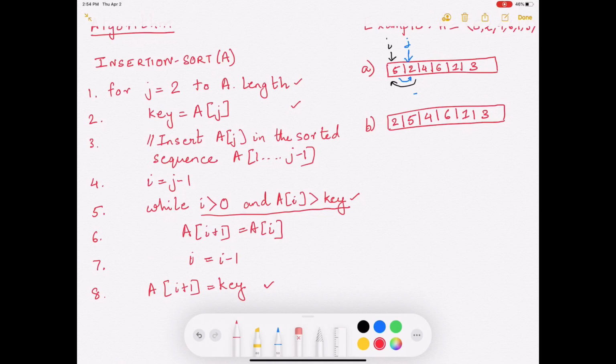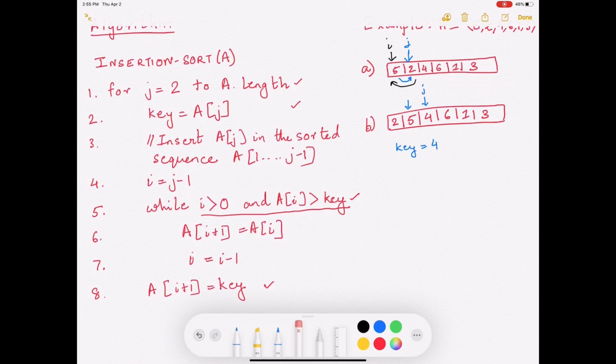Now let's look at the position of j. So this is where j is pointed, because j is now 3. Okay, and key is equal to 4. That's what your key is. Now what is I? I is pointed here.